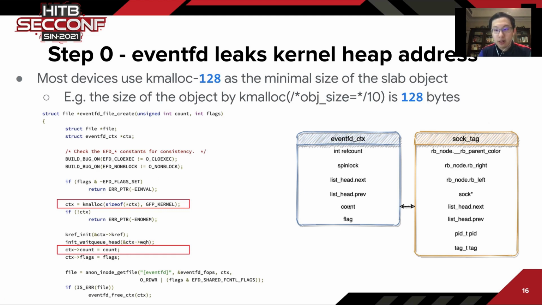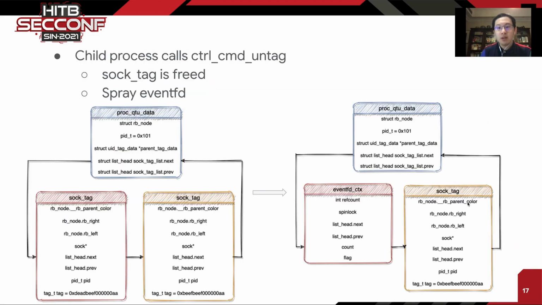The idea for the kernel heap address leak is that when the socket tag is already freed, we can spray eventfd to make sure there is an eventfd structure occupying the freed socket tag structure.